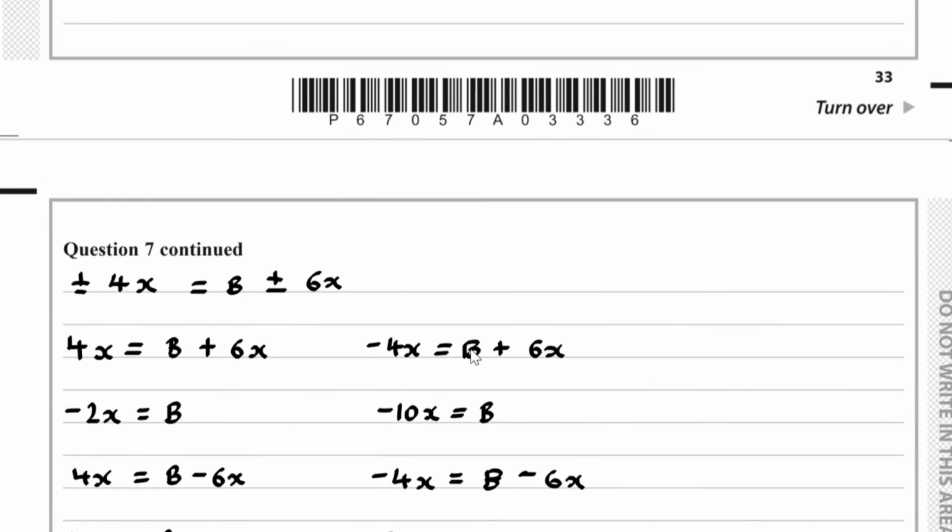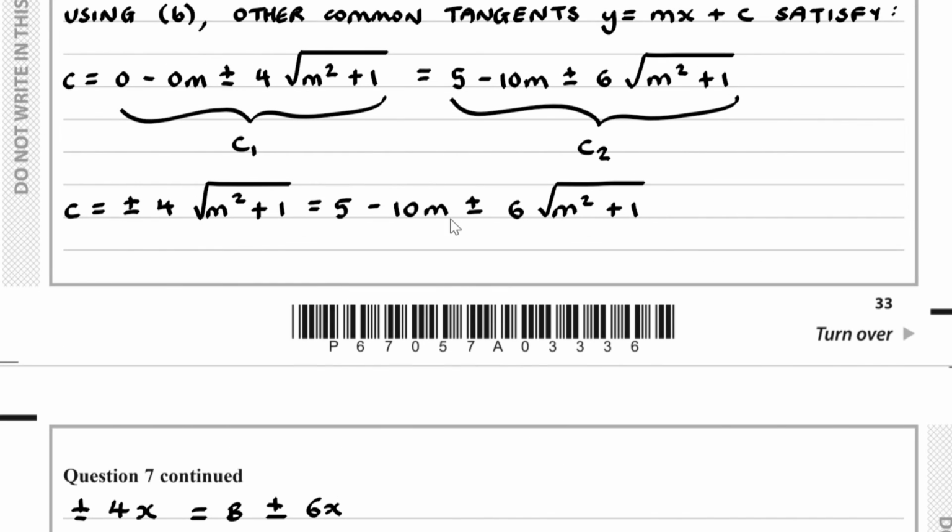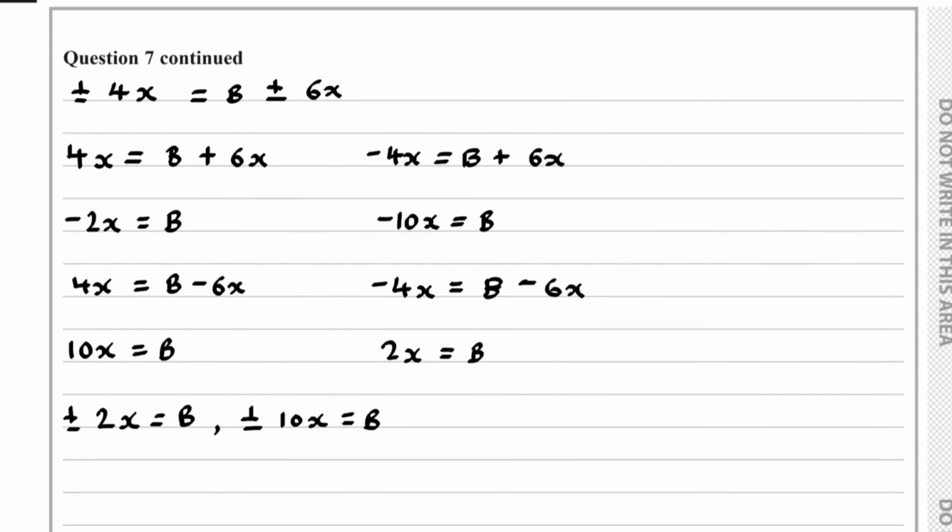And that idea can be used to help simplify all of this. You can think of the b to be 5 minus 10m, and you can think of the x to be the square root of m squared plus 1.